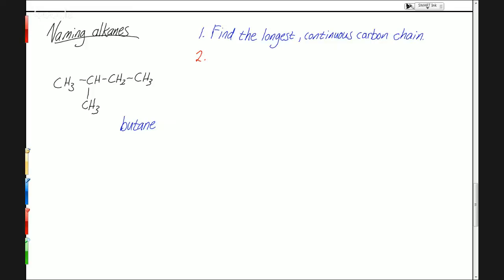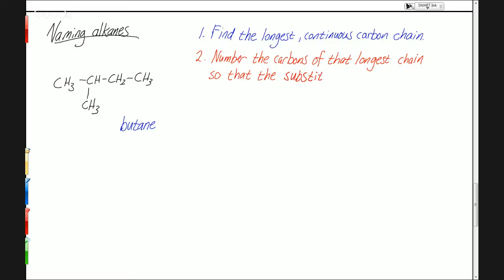The second part is we're going to number the carbons of that longest chain, and I'm going to use a new word here, we'll talk about it in a second, so that the substituents are closest to number 1.